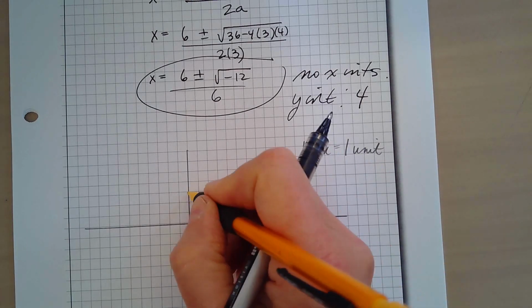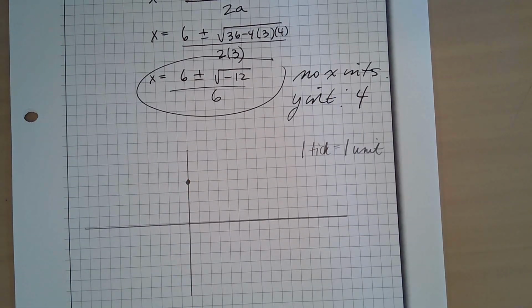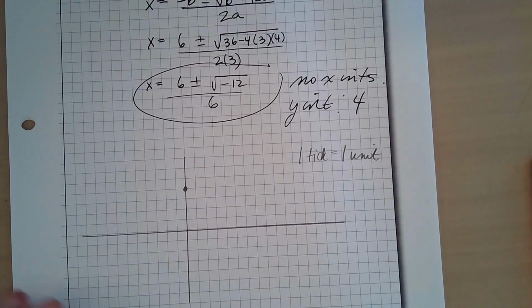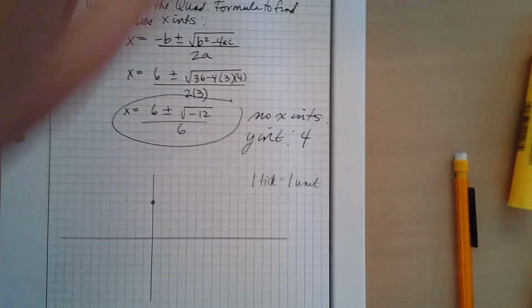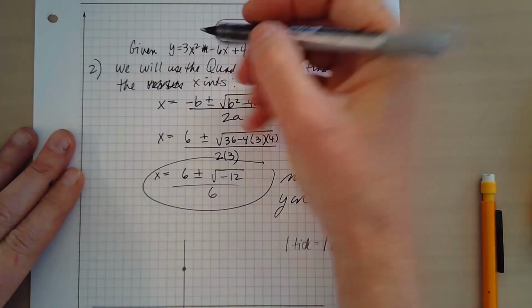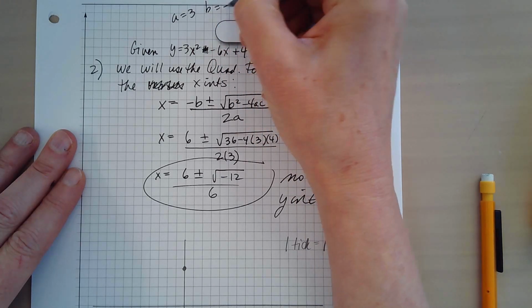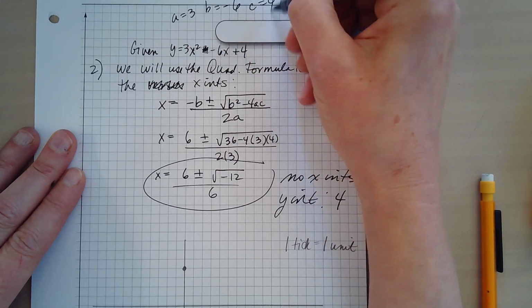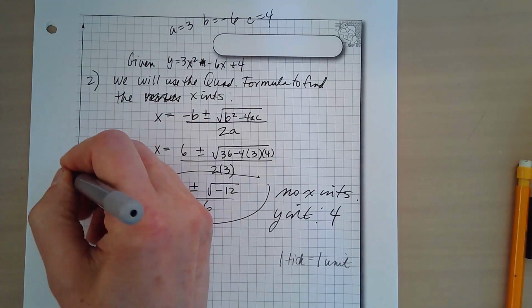So here's my y-intercept. I know that's a point. Now when you're given your equation in this form, I've got my a is 3, my b is -6, and my c is 4. The vertex, I'm kind of all over the place here, I think.